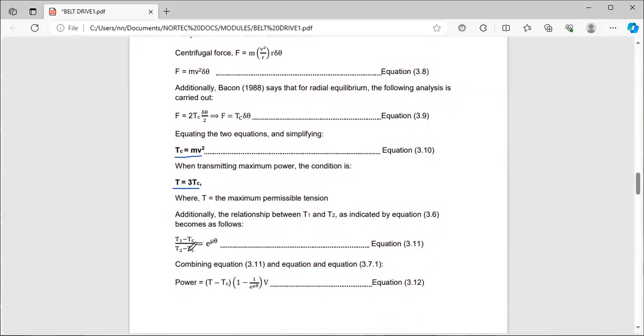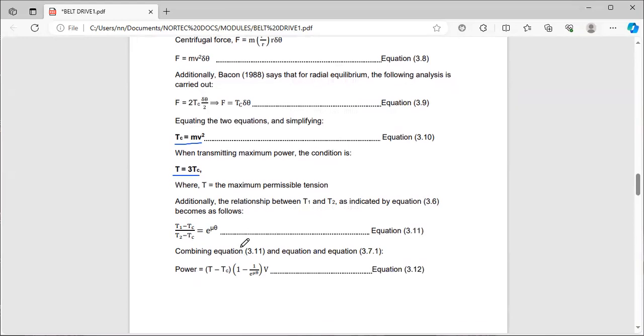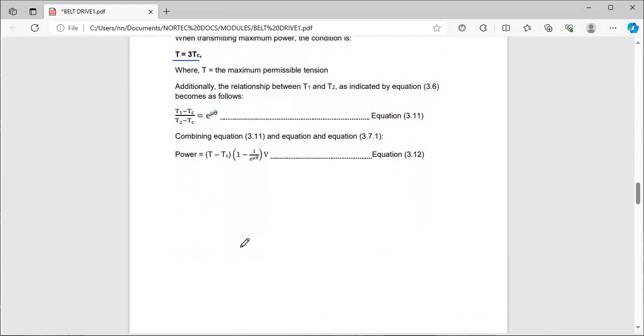Now, T1 over T2 equals e to power mu theta, where T is T1 minus Tc. So if you notice, this ends up like that, where you subtract the Tc and then you have e power mu theta.